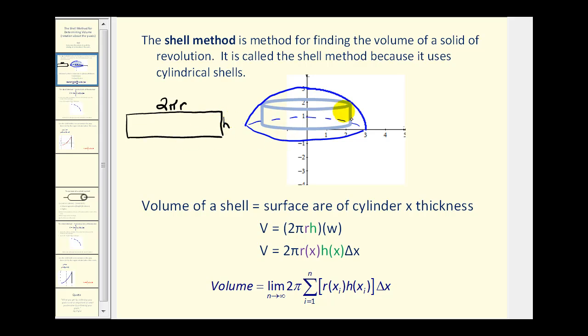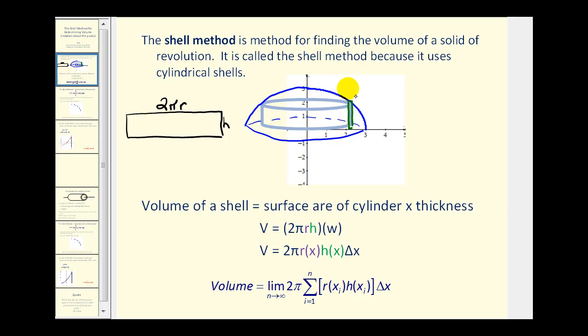So the surface area of the cylindrical shell would be equal to 2 pi r times h. And then to determine the volume of the shell, we'd have to multiply by its thickness. Well, the thickness of this shell would be the thickness of this very thin rectangle that was used to create the shell as it rotated about the y-axis.